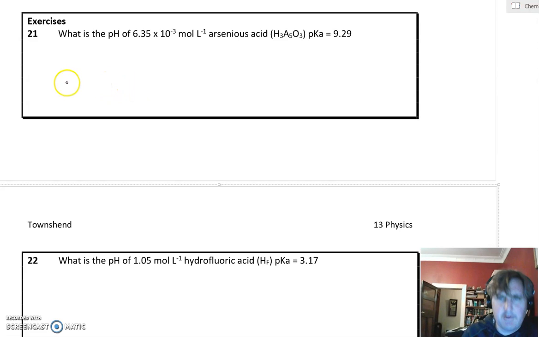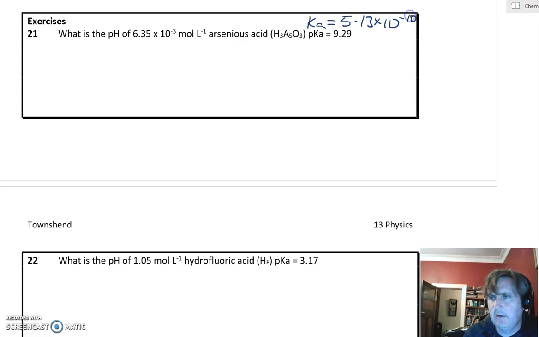Okay, so the answers. So the answer to this one here is, first we want to find the Ka here before we can work anything out. So that equals 5.13 times 10 to the negative 10.